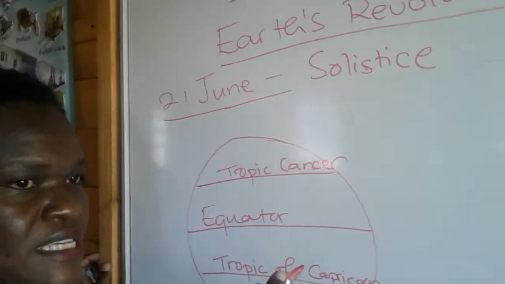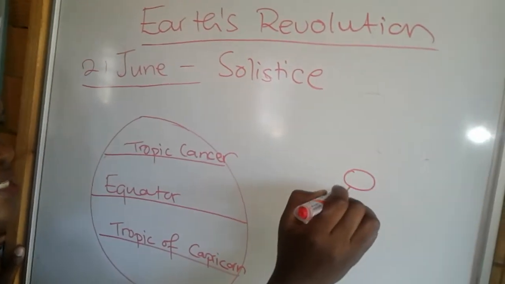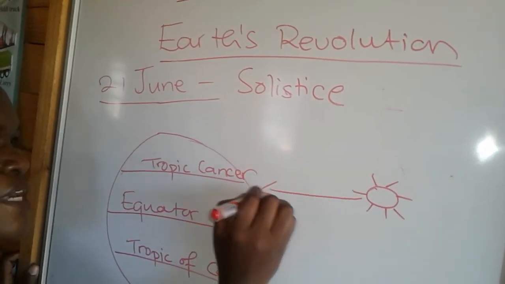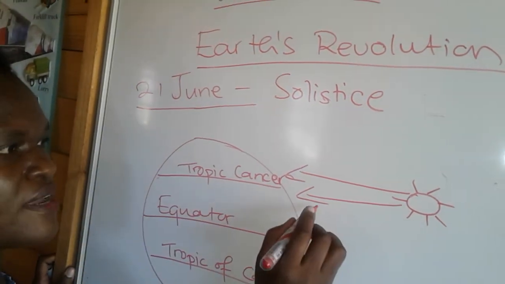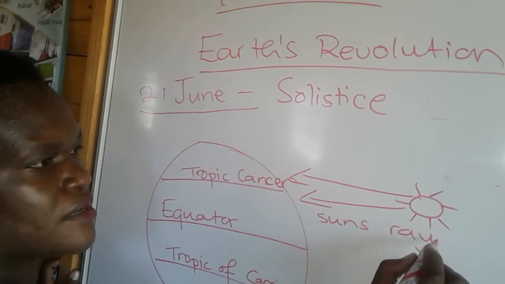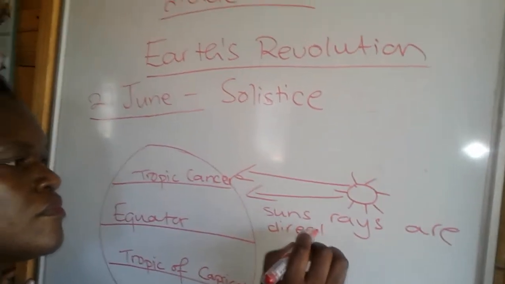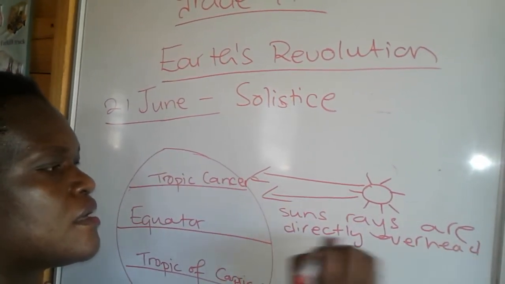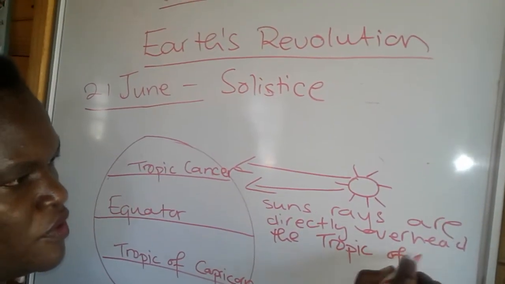Now, like I said, on the 21st of June, the sun's rays are directly overhead the Tropic of Cancer.